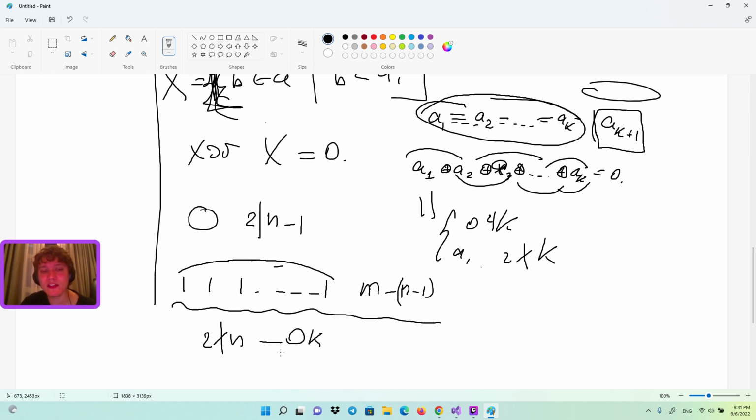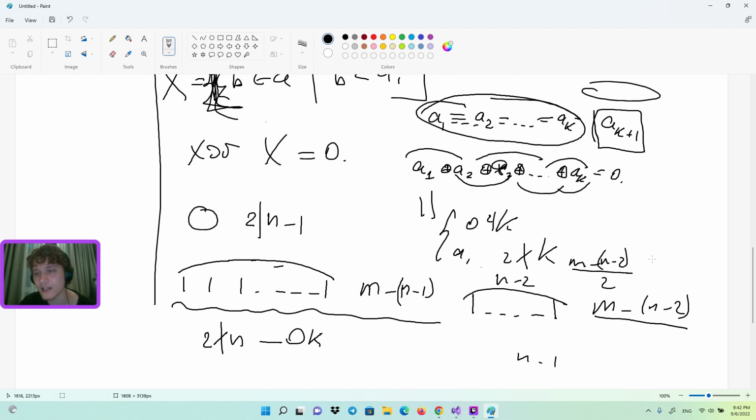So what do we do if n is even? The good idea is to try to take n minus 2 ones. We cannot just take m minus n minus 2 because then you have n minus 1 numbers and you want n numbers. So in this case, let's try to take this halved. I take (m minus n minus 2) halved, and again (m minus n minus 2) halved. This only works when this number is a whole number, when this is an integer. Because if it is not an integer, then the condition is obviously not satisfied.